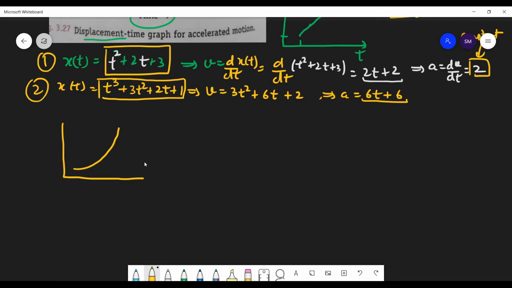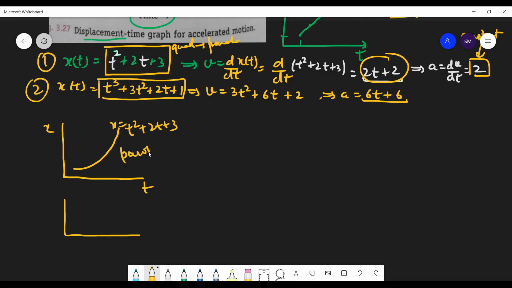So this is x-t, the graph of t square plus 2t plus 3. Now you have to draw the graph of this. This is a quadratic, so you have got a parabola. Now this intercept is 2 and the slope is 2.